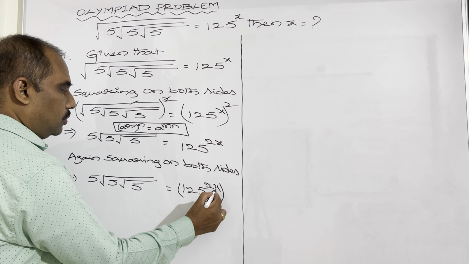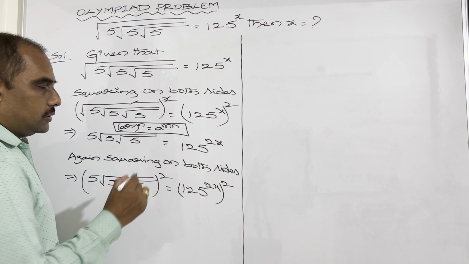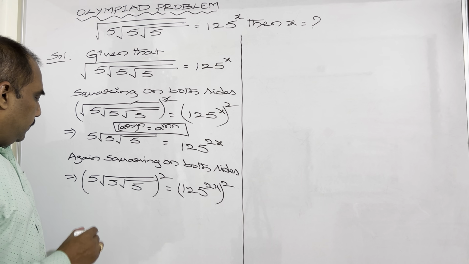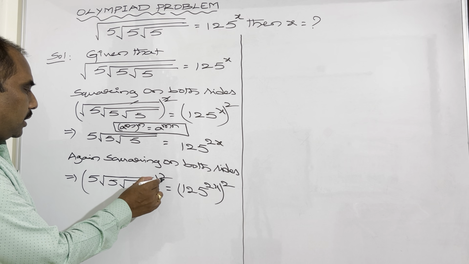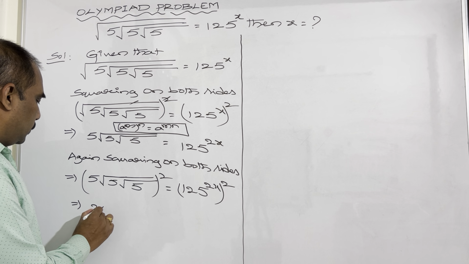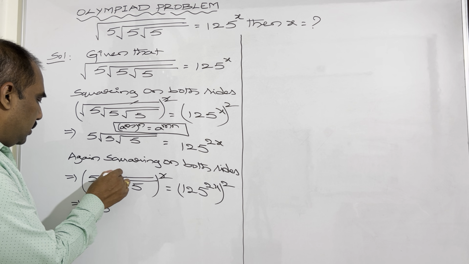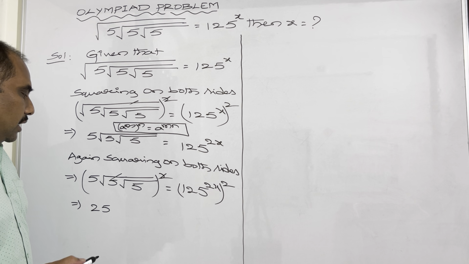So now I am operating square on both sides. Now what happens here? Here 5 is there, no? This becomes 5 square. So 5 square is 25 and this square and this root get cancelled.